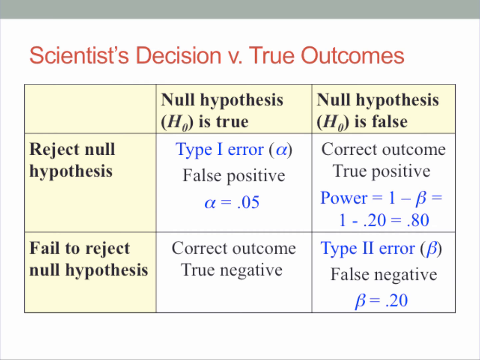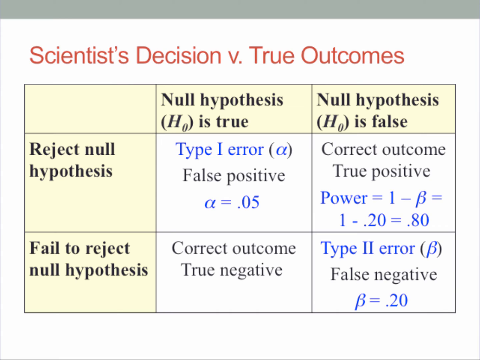However, the type 2 error, our beta, right? The null hypothesis is really false. There really is a significant difference, or there really are significant relationships or correlations between our variables, but we failed to see that in our data. We failed to reject the null hypothesis. We did not reject it. Our p-value was greater than 0.05, hence we made a type 2 error, and we're giving ourselves a 20% probability of making this type of error.